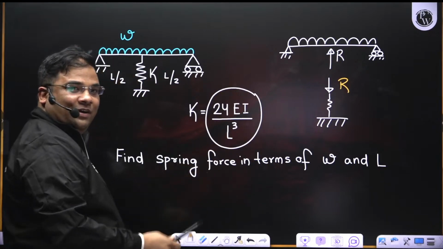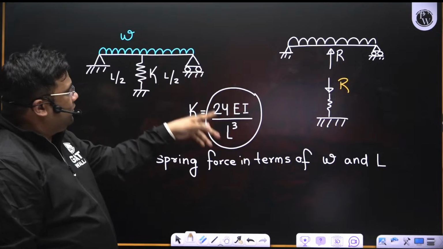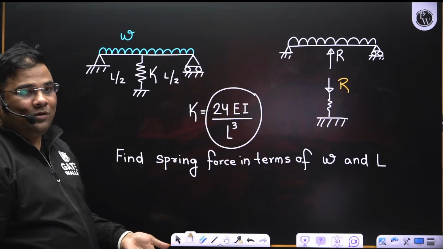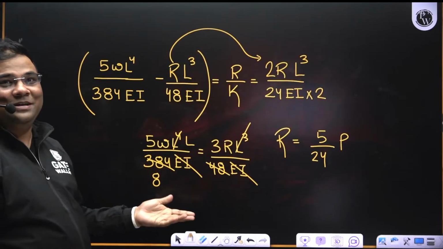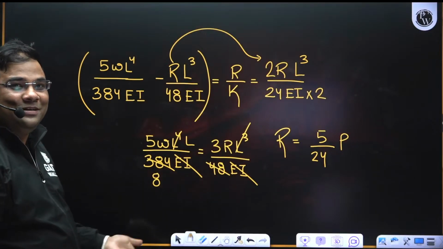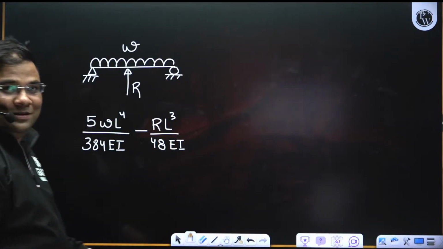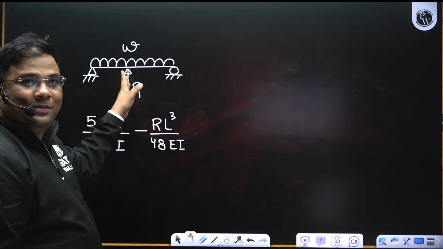If I place the spring here, will the spring constant change? It will remain the same. What are you saying about the beam? What is your doubt? You are telling that this point load is acting at the midspan.